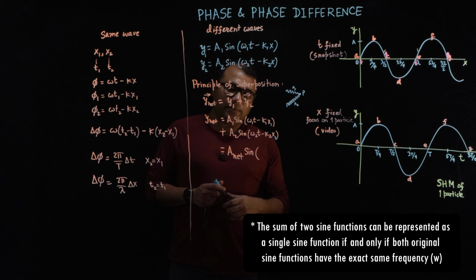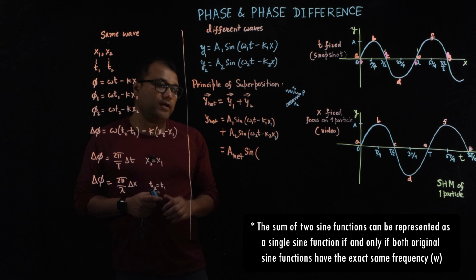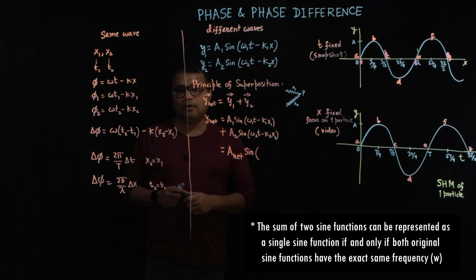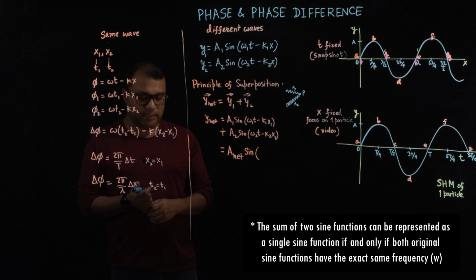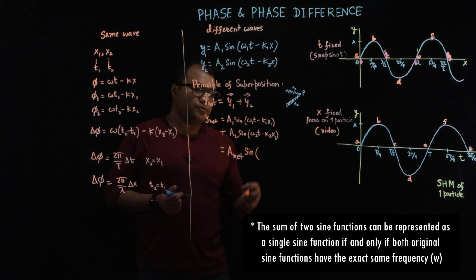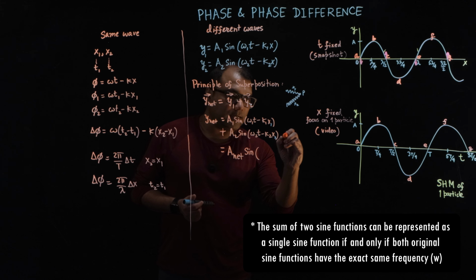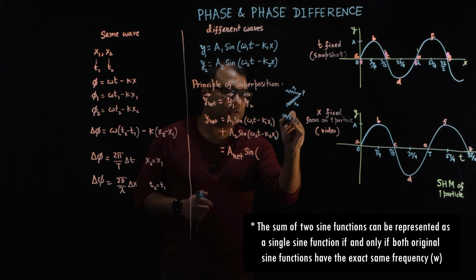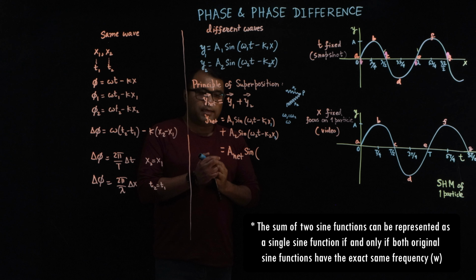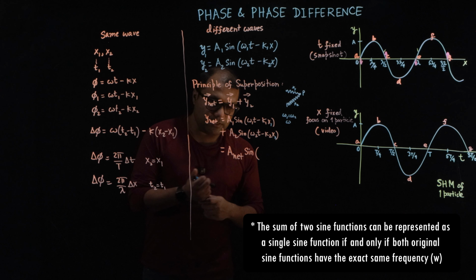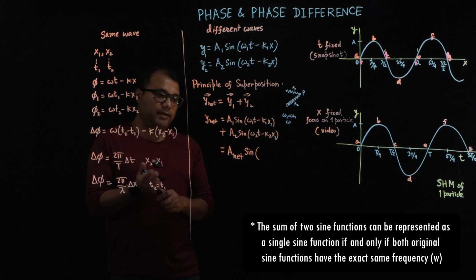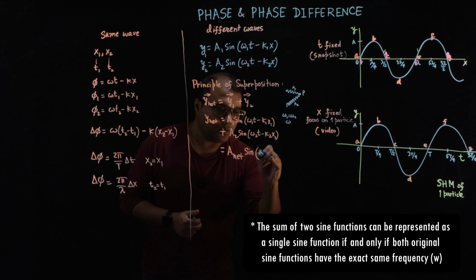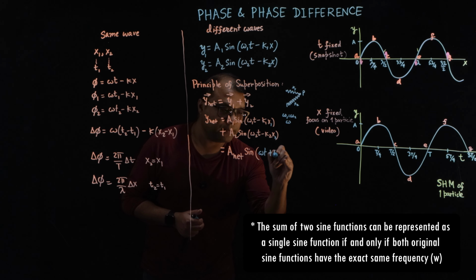Another problem with this one is if omega 1 and omega 2 are different, then they are incoherent waves, which means their frequencies are different. If we assume that they are coherent waves, which means omega 1 equals omega 2, and let's just write that as omega, then this can be reduced to something of this form, A net sine omega t plus theta.